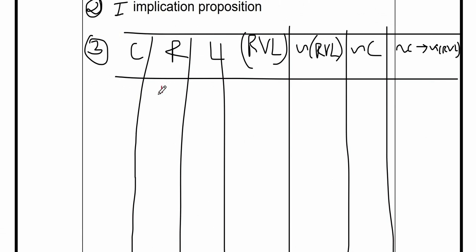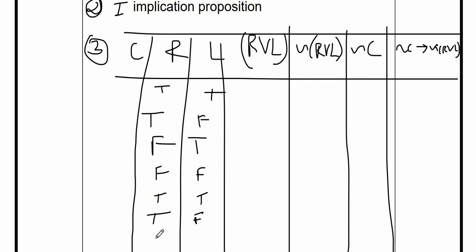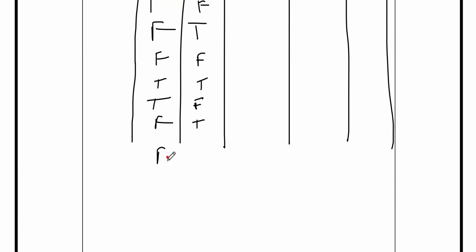So we write our normal truth table: TT, TF, FT, FF. Again we start TT, TF, FT, FF.